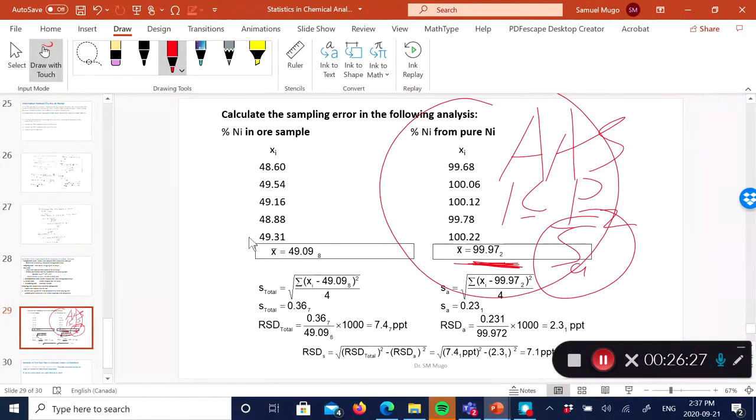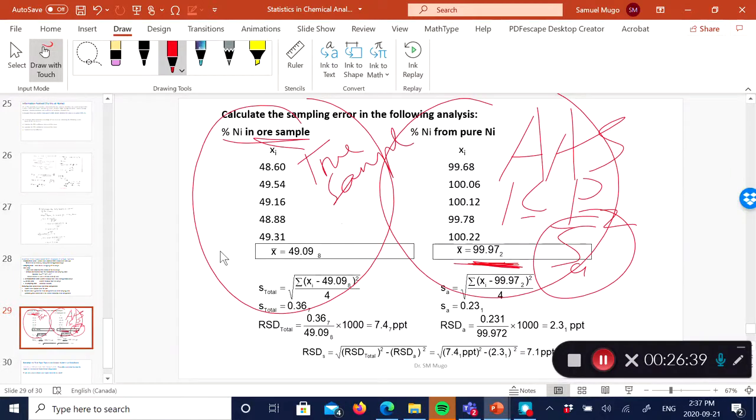Now, on the other hand, if you look at the other side, you analyze what you call the iron ore. The iron ore is the true sample, meaning it's fairly heterogeneous, and so the sampling error is involved in this measurement.